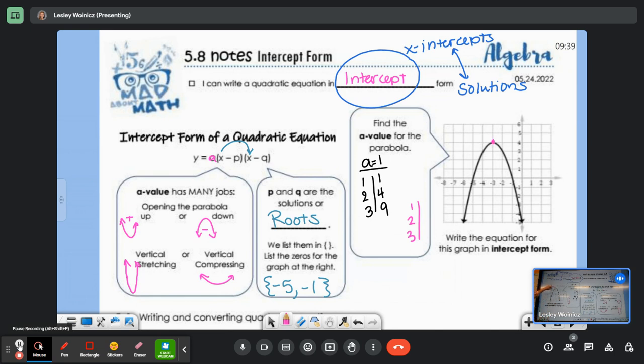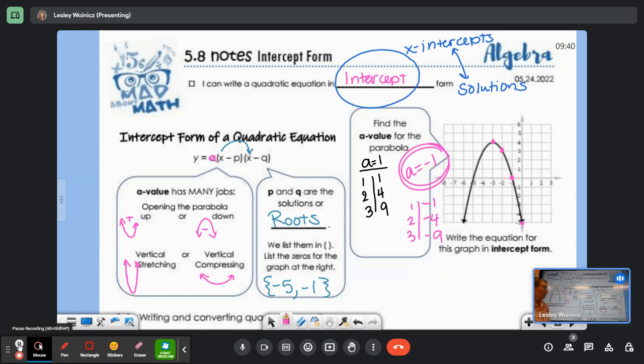Starting at the vertex, right or left 1, going down 1. Right or left 2, down 4. Right or left 3, down 9. So what are we multiplying by? Negative 1. Correct. Our a has to be negative 1.